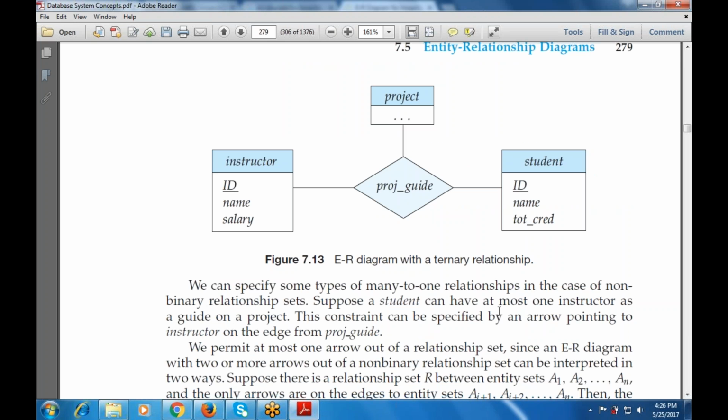So we can specify some types of many-to-one relationship in case of the non-binary relationship set. Suppose a student can have at most one instructor as a guide on the project. So this constraint can be specified by an arrow pointing to the instructor on the edge from the project guide.